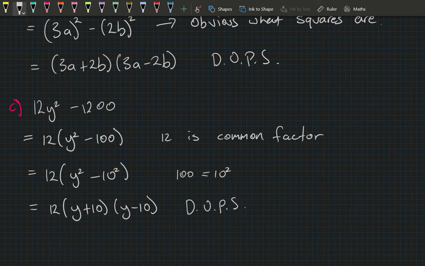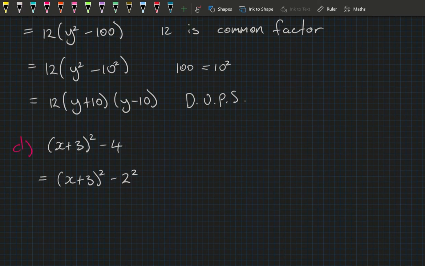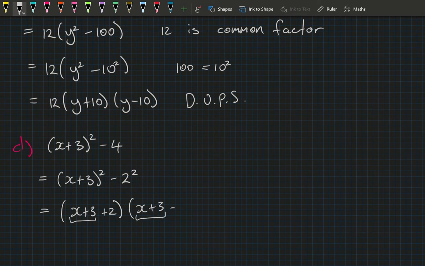And in part D, we have x plus 3 squared minus 4. Now 4 is just equal to 2 squared. That makes this x plus 3 squared minus 2 squared. So let's not forget that x plus 3 is just a number, right? So we actually do have difference of perfect squares here, because we get x plus 3 plus 2 times x plus 3 minus 2.